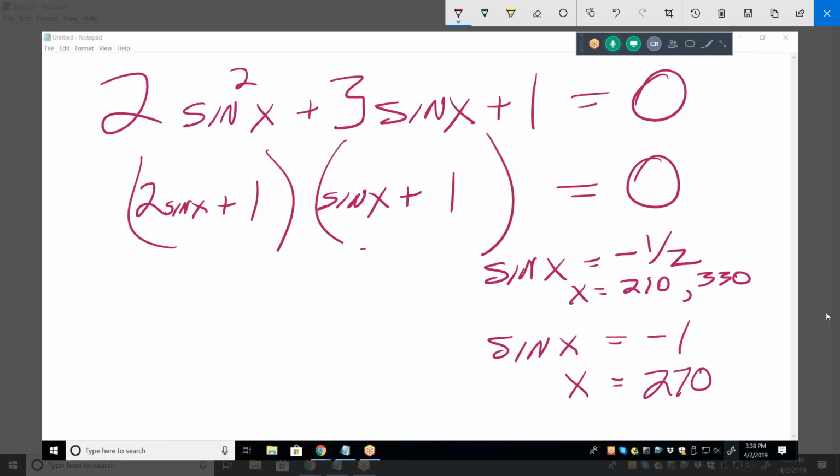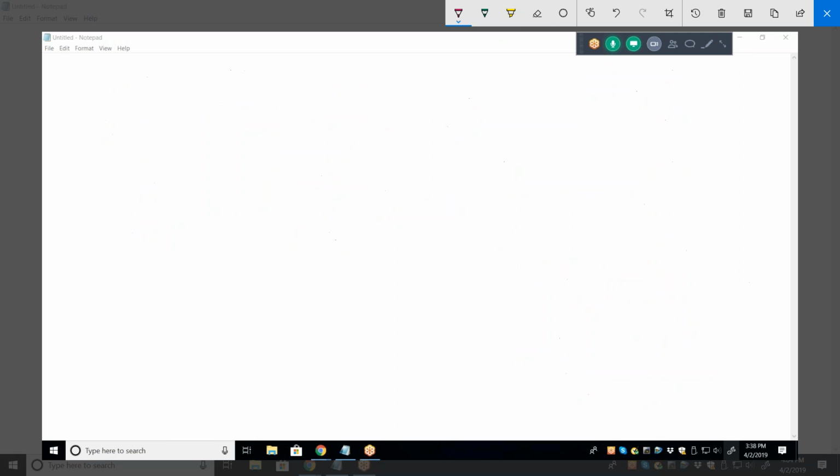Okay. What else? Okay. The cosine cubed of x is equal to the cosine of x. Okay. What are we going to do here? We are going to bring the cosine of x over to the left.